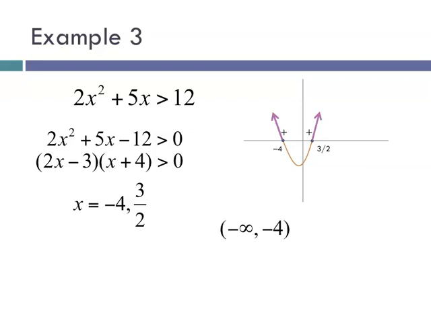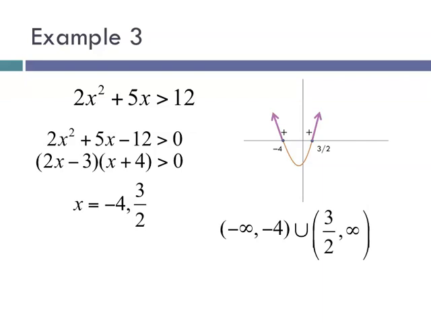For the second part of the graph, on the right, that's above the x-axis, that's our second interval where it's greater than 0. So starting from 3/2 all the way to infinity. Again, we don't include 3/2 because at 3/2 it is exactly equal to 0, and we want only everything greater than 0.